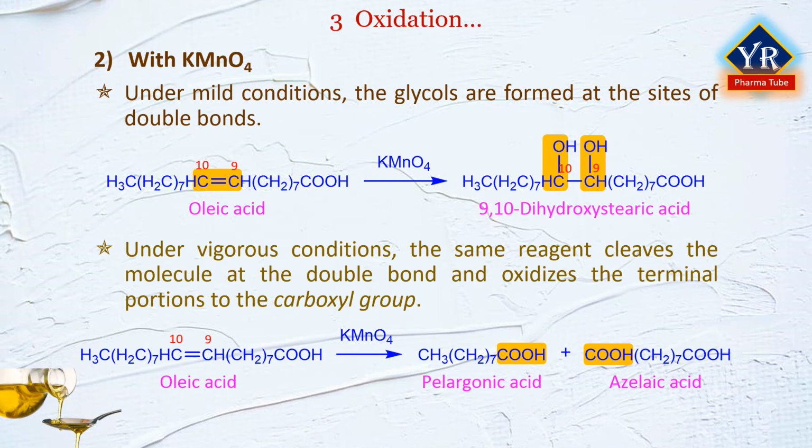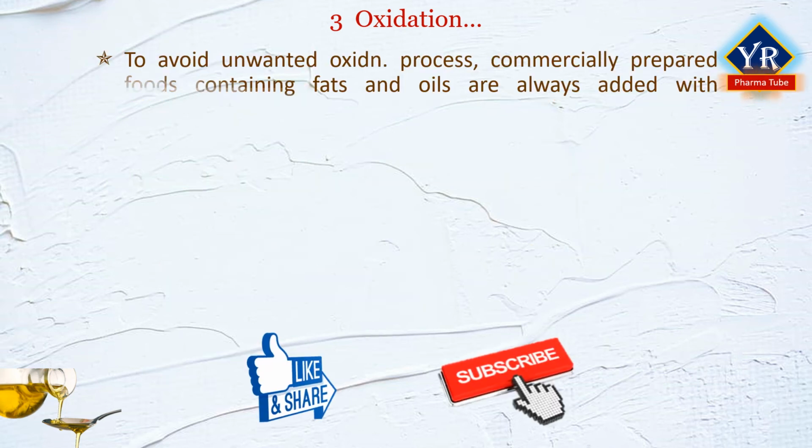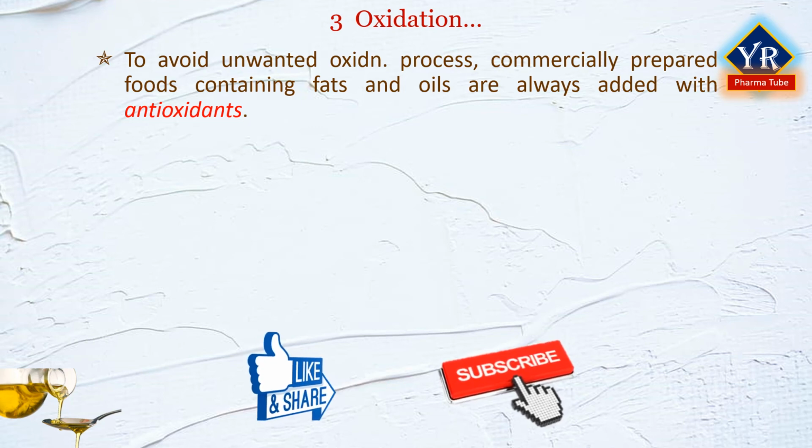The oxidation reactions have been extensively used in establishing the position of double bonds in the fatty acid chain. This gives important clues regarding lipid structure. To avoid this unwanted oxidation process, commercially prepared foods containing fats and oils are always added with antioxidants, the substances that are more easily oxidized than the food.